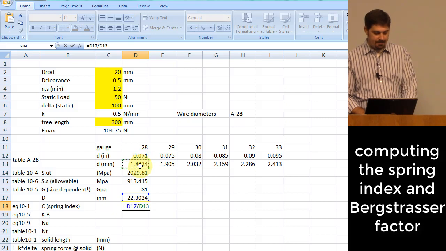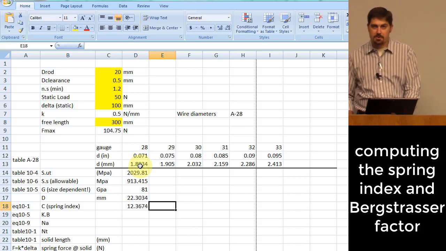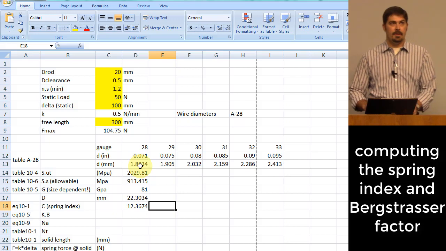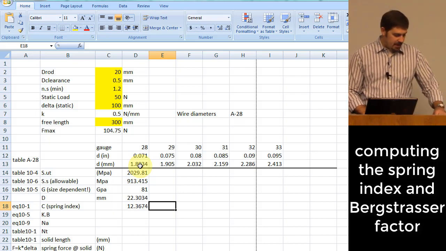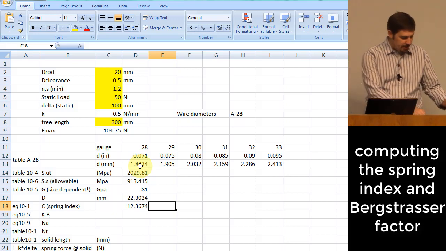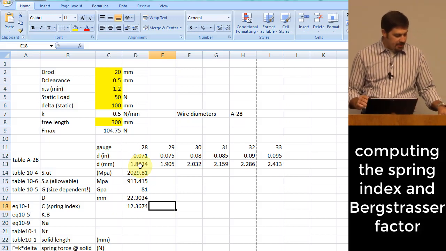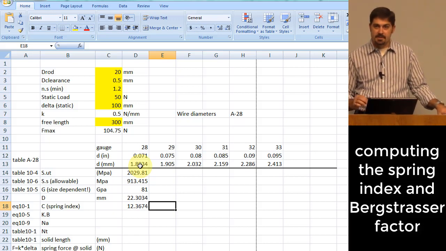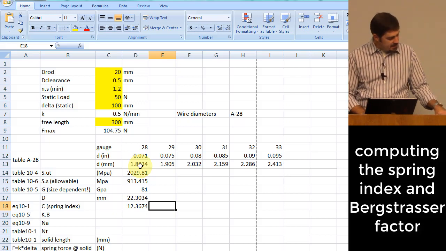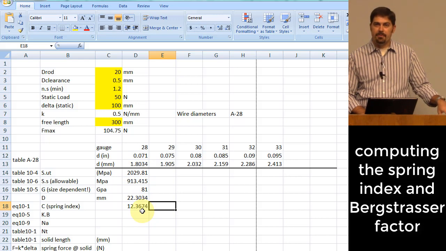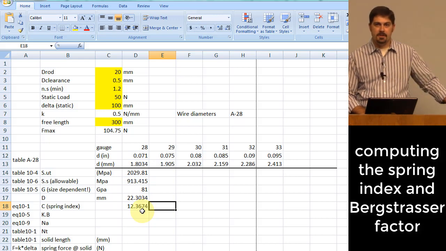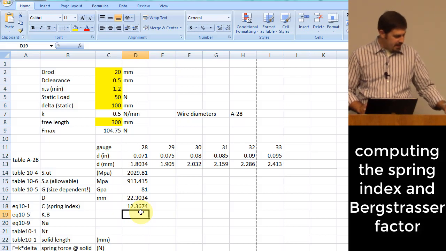Wire diameter, right? So that gives us our spring index value. Okay, and just to make a note of this while I'm here talking about the spring index value, it gives us a range through which you can kind of expect your spring index might exist, all right? And it says generally between about 4 and 12. Yeah, we might be a little bit above 12 there. That's not the end of the world, but those are sort of some guidelines. All right, what's next?